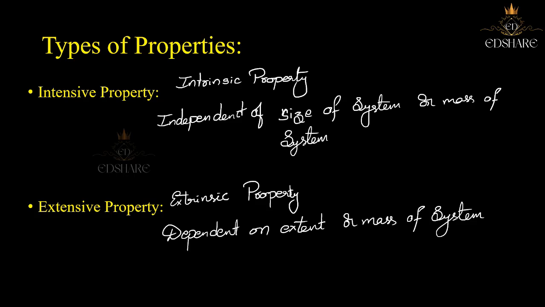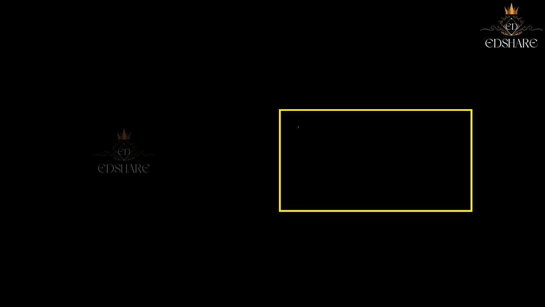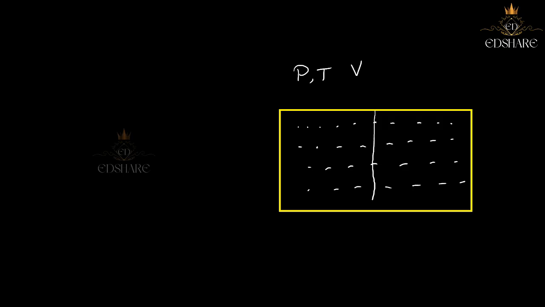Let us see by taking a practical example what is an intensive property and what is an extensive property. Let us consider a vessel like this in which a certain amount of gas or fluid is present. Let us assume this is a gas. The initial pressure of this gas is P, temperature T, and volume V. Now let me place a thin chamber inside this one, exactly at the middle.